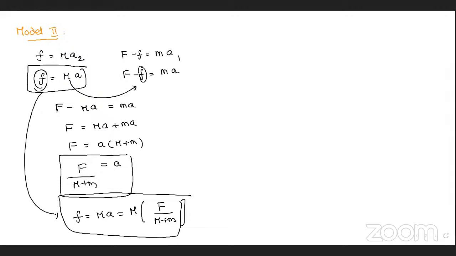Right. Now I'm clearing everything from here and going to model 2. This is the dangerous model. In model 2, I am taking two blocks, block 1 and, as usual, block 2.